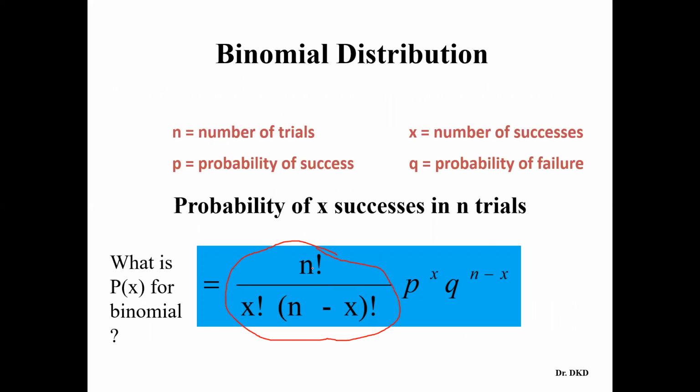We can write it as n factorial divided by x factorial times (n minus x) factorial, multiplied by p to power x, multiplied by q to power n minus x, where n is the number of trials, x represents the number of successes, p represents the probability of success, and q represents the probability of failure. So if we perform n trials, the chance of x successes out of n trials can be found with the help of the binomial distribution.